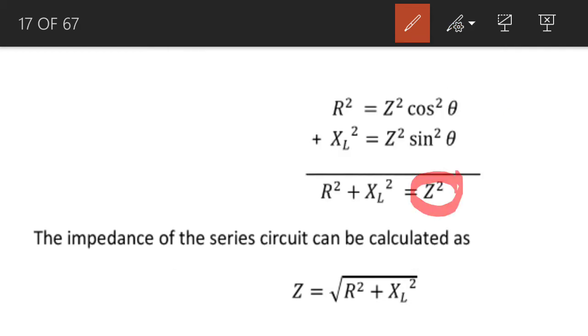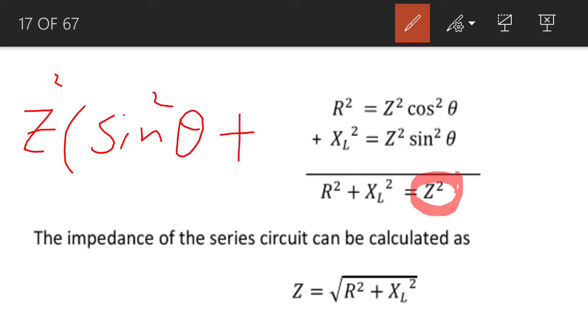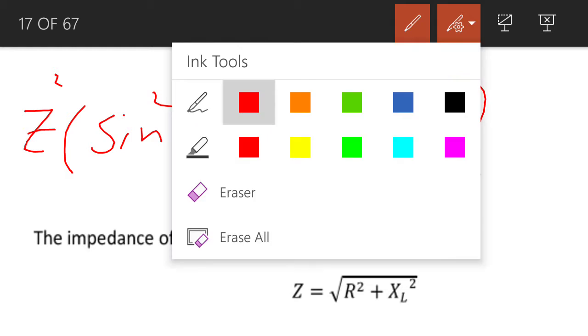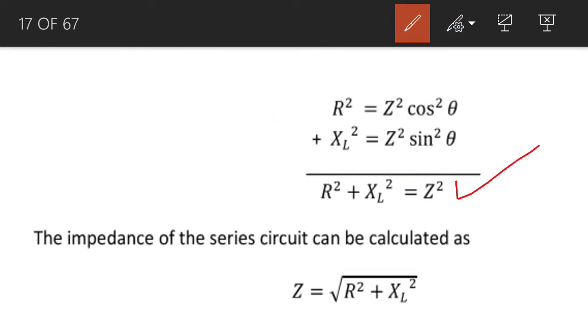on the right hand side we get Z square into sine square theta plus cos square theta, and we know that sine square theta plus cos square theta is 1, so we get Z square on the right hand side.